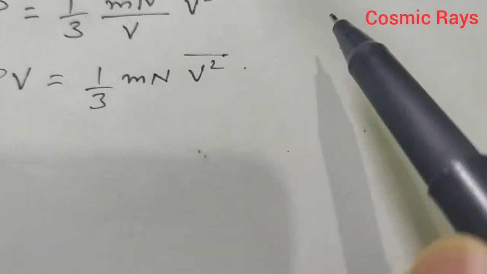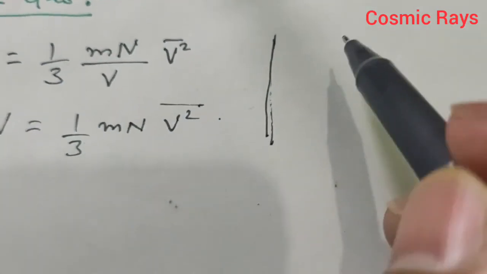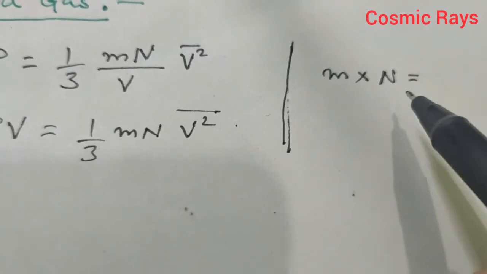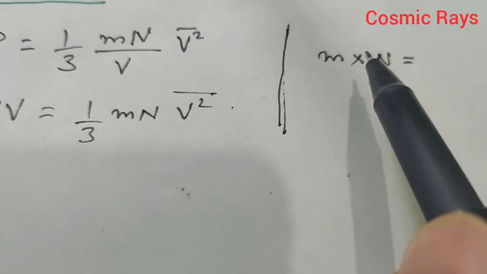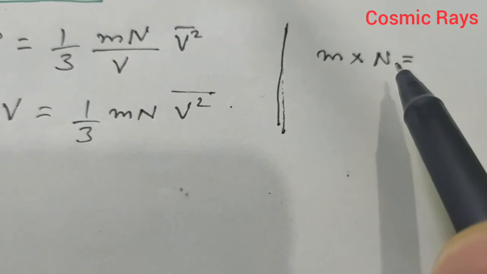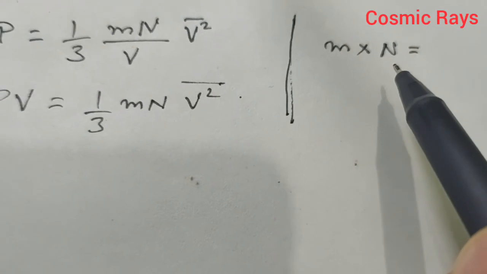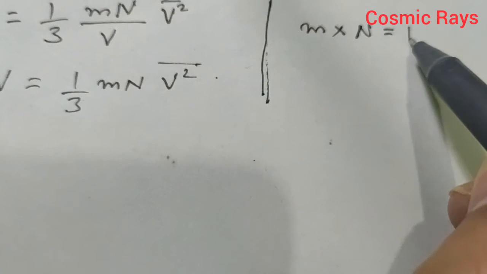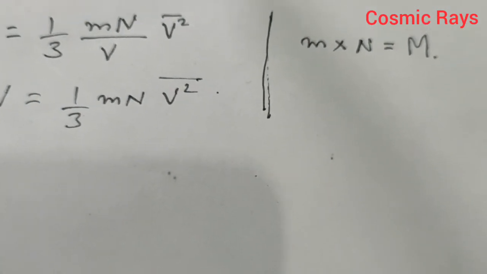But here if you look at this equation, m multiplied by n, that is the mass of one molecule multiplied by the number of molecules in 1 mole of gas, that is the Avogadro's number, gives the molecular weight, that is M of the gas.